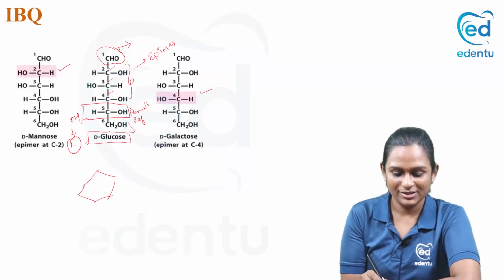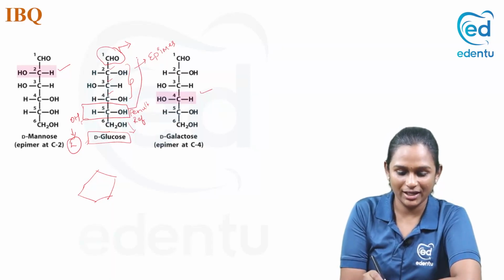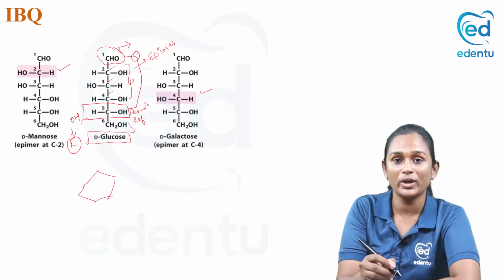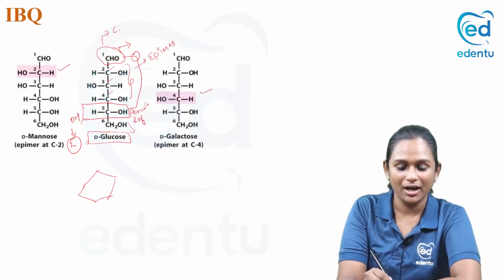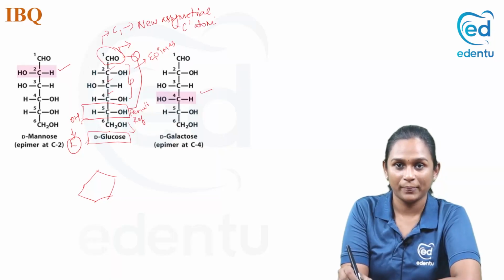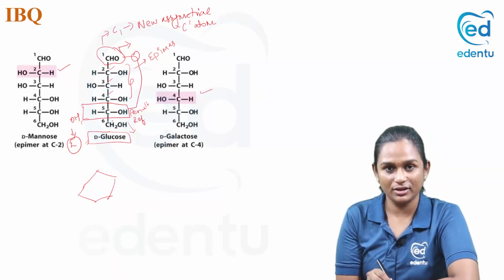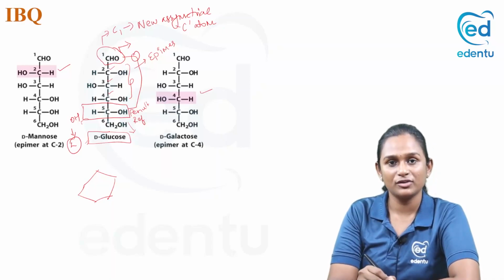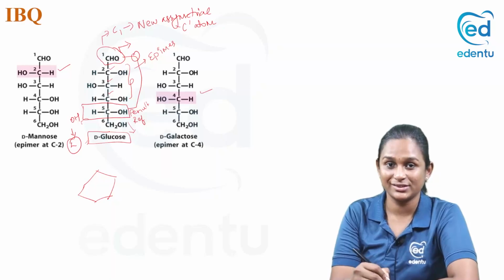The C5 group will attack the functional group, and it will result in the formation of a new asymmetrical carbon atom at C1. In case of glucose, it is C1; in case of fructose, it is C2.